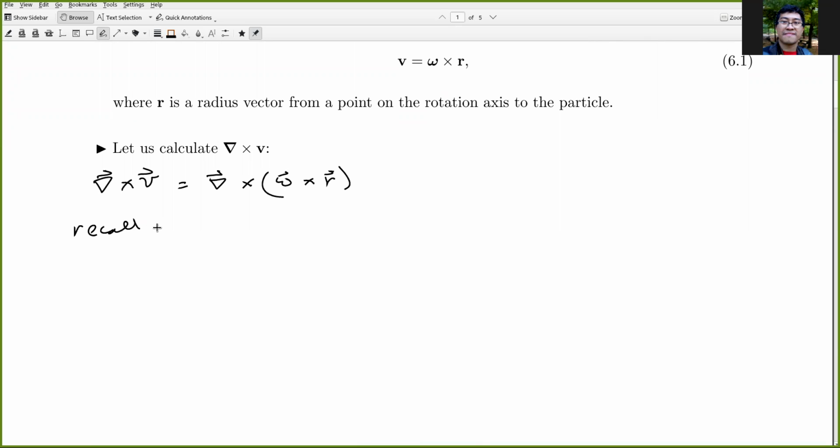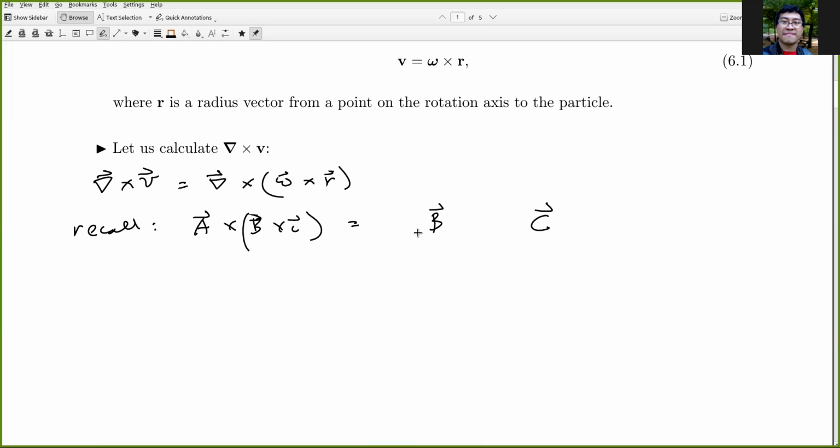Recall that we have A cross B cross C. This is equal to a term proportional to B and a term proportional to C, the ones in the parenthesis.